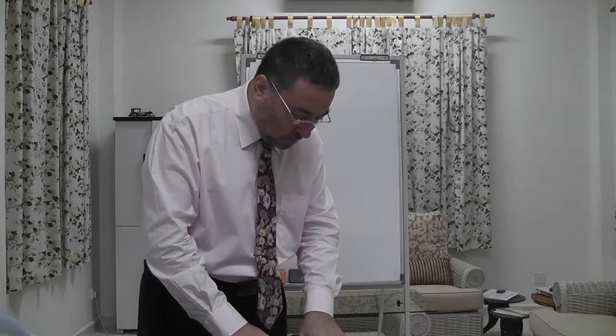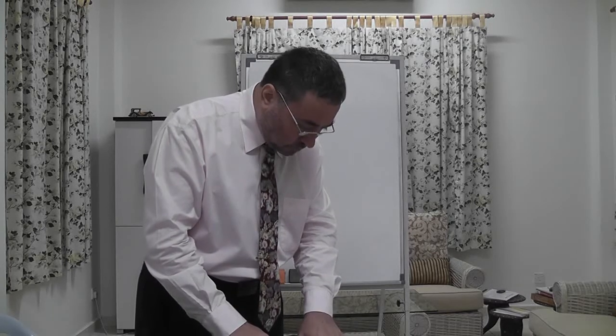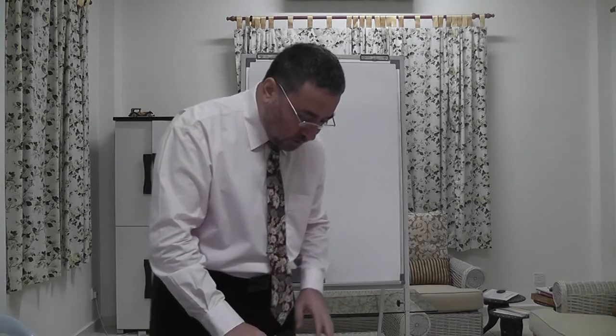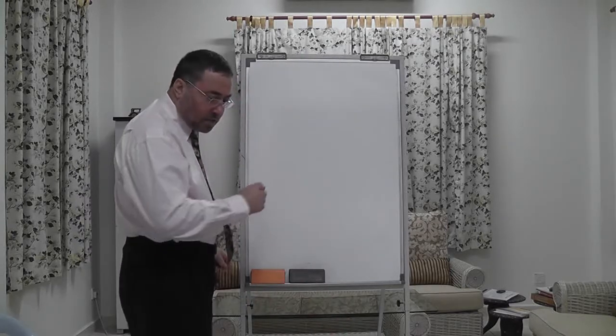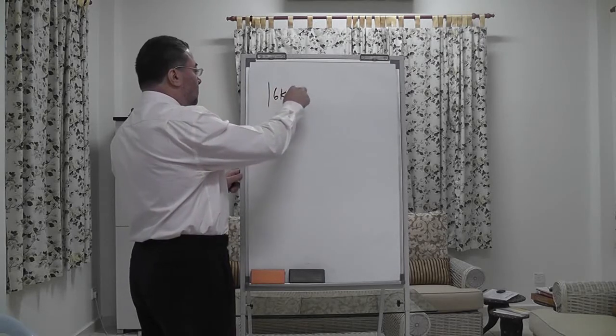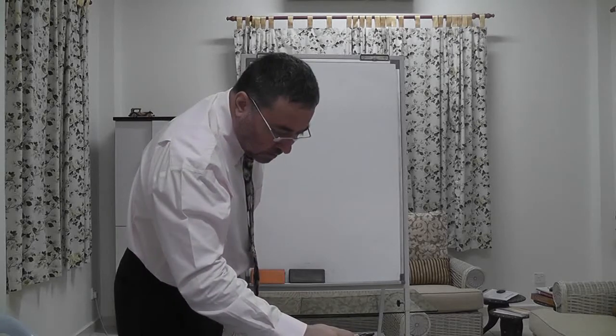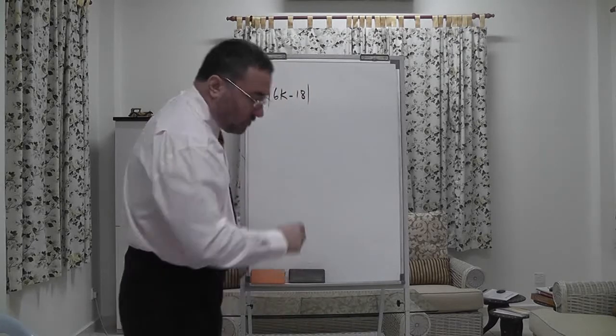Next, we'll do number 12, 6k minus 18 within the absolute is less than or equal to 12.